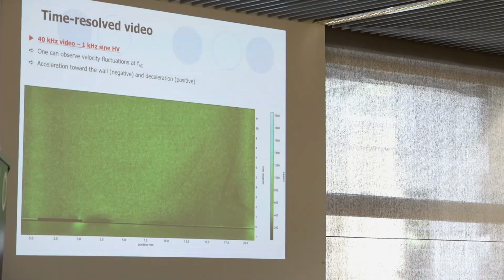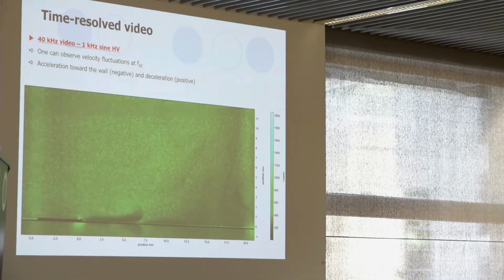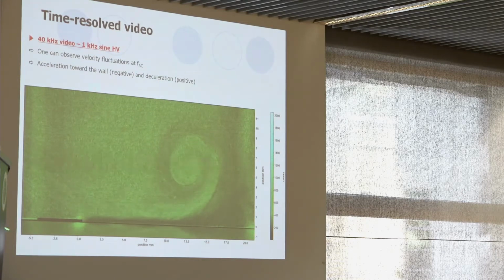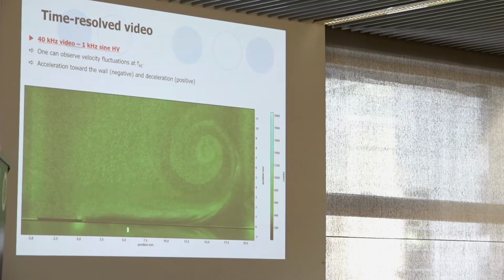Here is a video of the produced wind when we switch on the discharge. Here we have the surface of the plate, and here we have the air-exposed electrodes. We are waiting for this video to start again. Of course, it is in quiescent air.